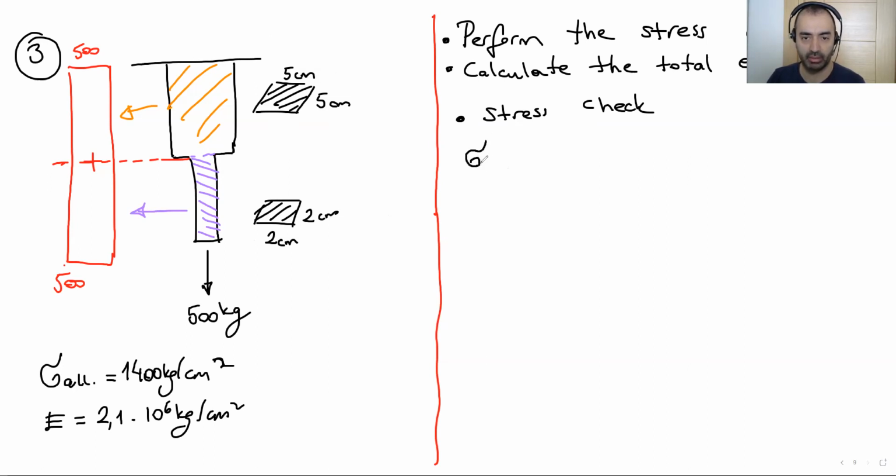So let's say this is the sigma 1, the force is 500 kilogram and the area is 5 times 5. Okay, let me calculate.